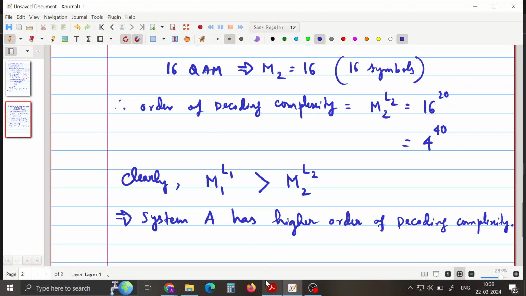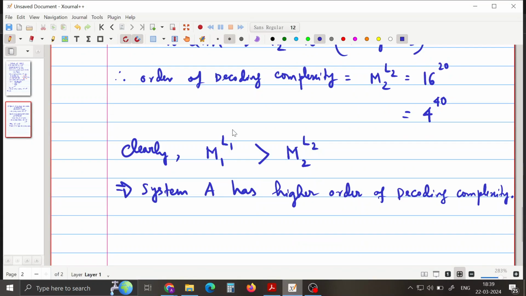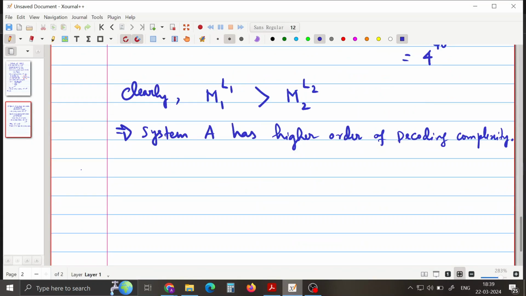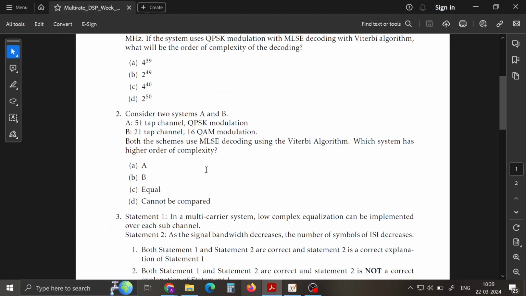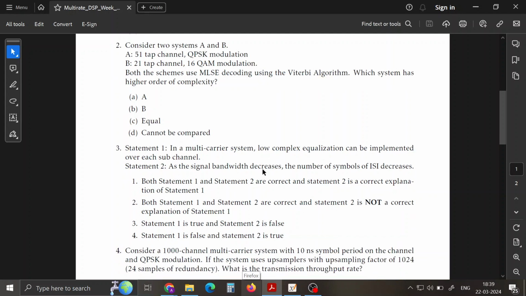We were asked to find which of the following systems has higher order of complexity. So we found that system A has the higher complexity, and our answer is option A, which is system A. Okay.